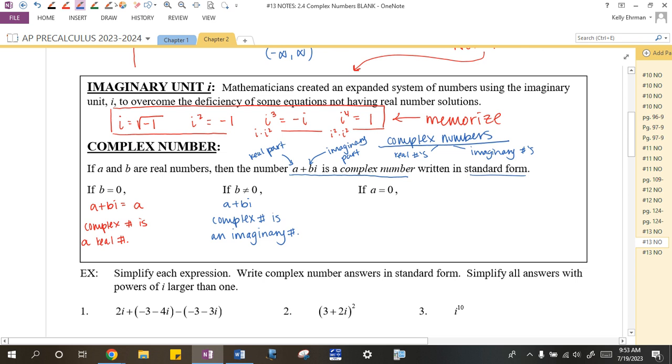And if a equals 0, so there is no real part, you would just be left with the bi part. In this case, this complex number is called a pure imaginary number.